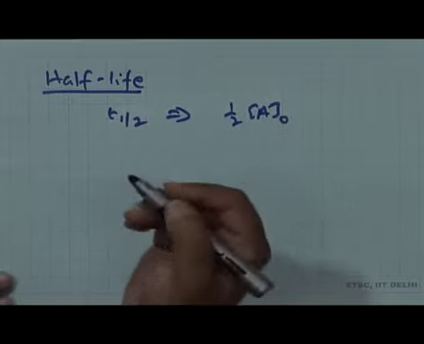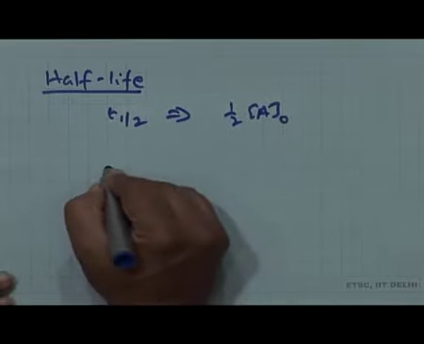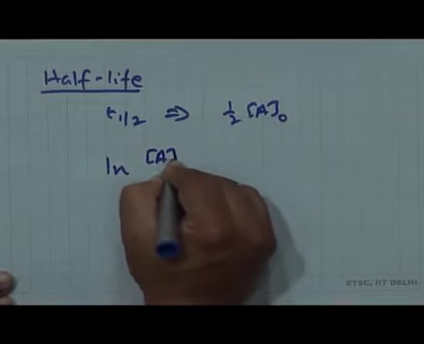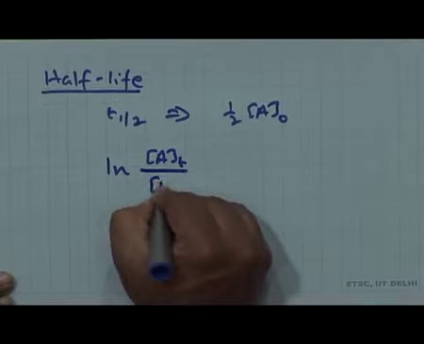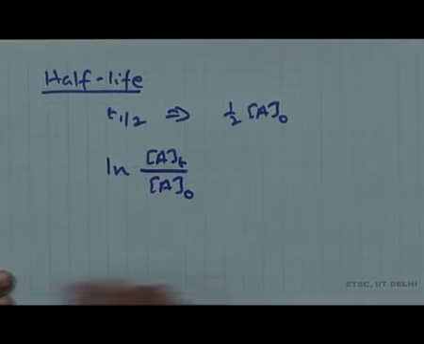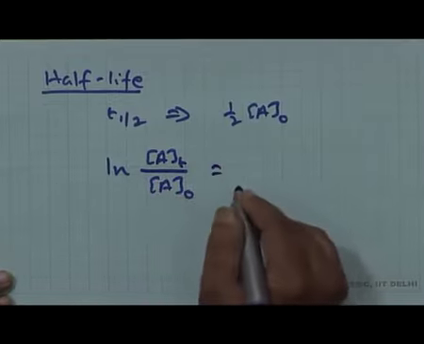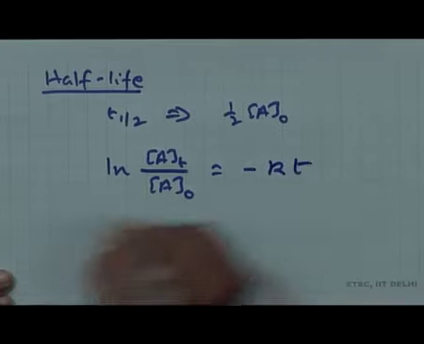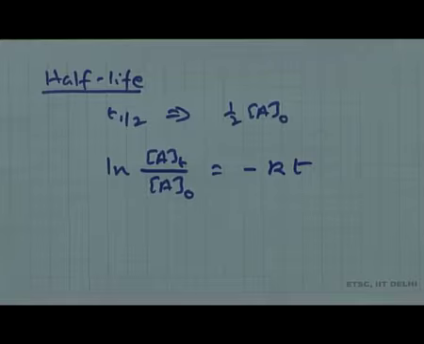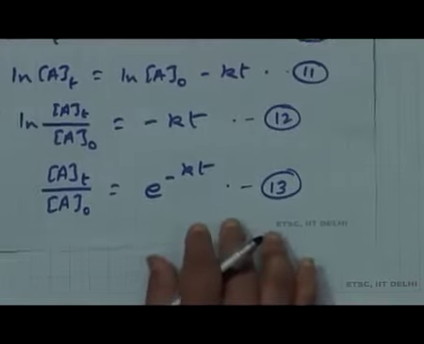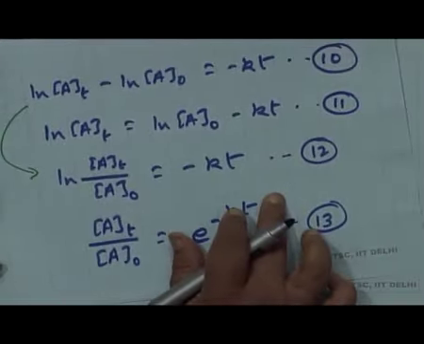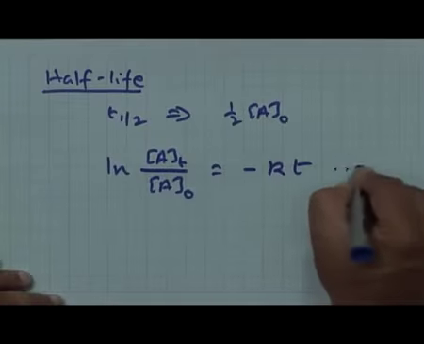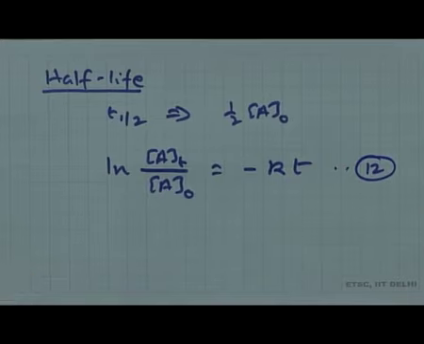Suppose I do it from the equation where I knew that natural log A t over A naught is equal to minus k t, and if you remember, we had written this before as equation number 12.